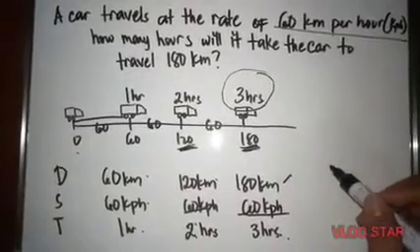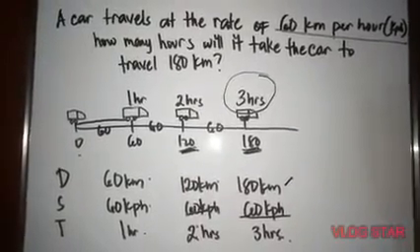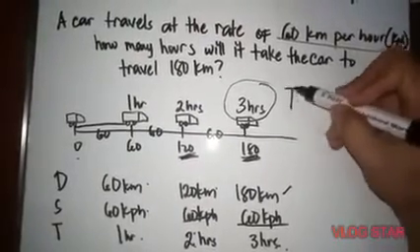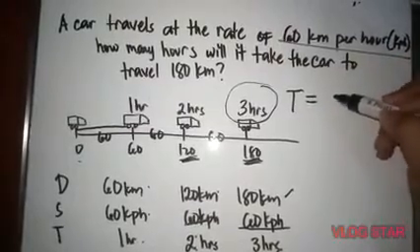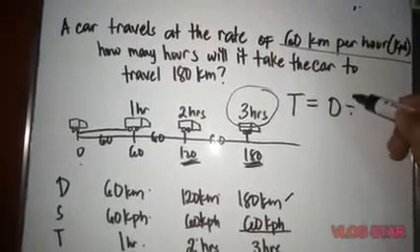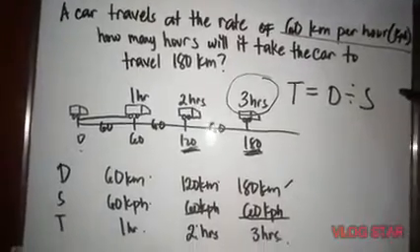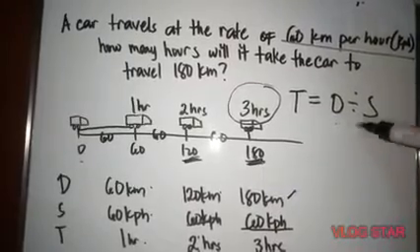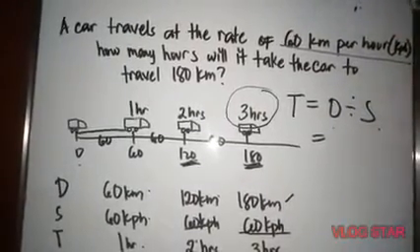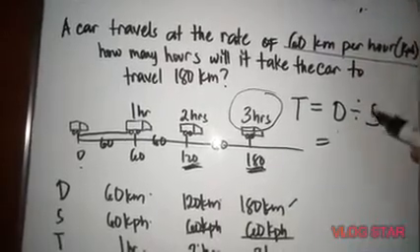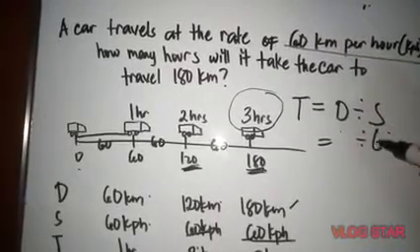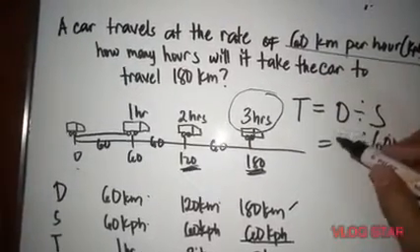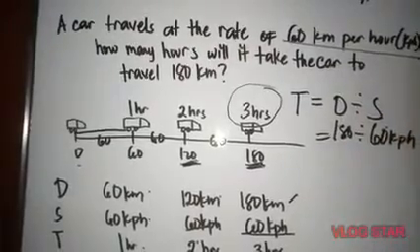There is another way of solving this problem using the formula: time is equal to distance divided by speed. I will repeat, time is equal to distance divided by speed. So in this question, the speed is 60 kph and the distance is 180 kilometers.